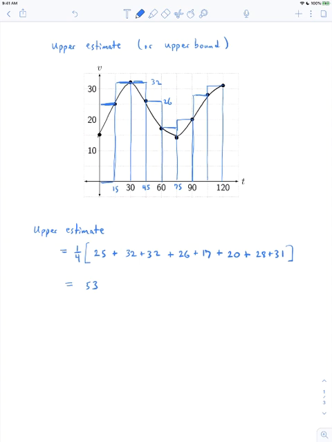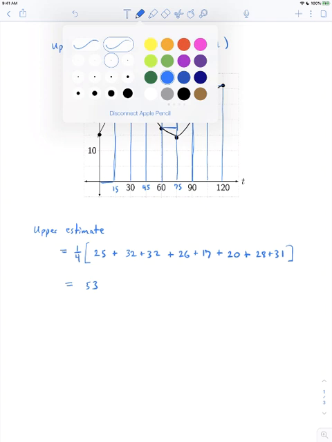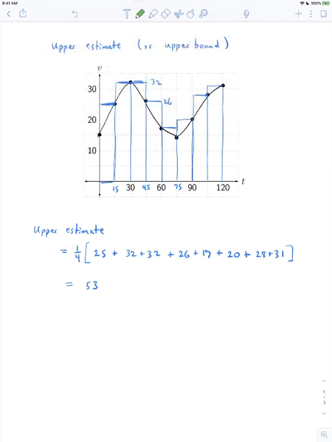If you wanted to do a lower estimate, you would do something similar, but for a lower estimate, you always pick the smallest height available. So on your first interval, that will happen at 15, like this. And then for your second interval, you'll pick the smaller endpoint, or the height at the left endpoint, because that's smaller.